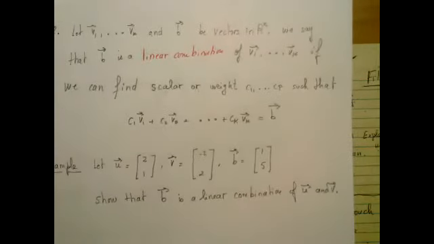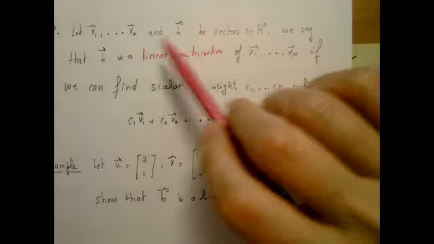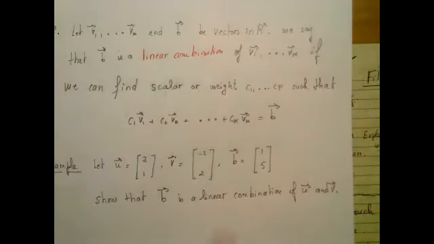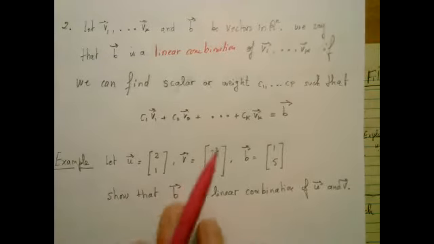So suppose I have a bunch of vectors in Rn and B another vector in Rn. All my definitions in this class will be in the general setting, and then we take examples in a simple setting.